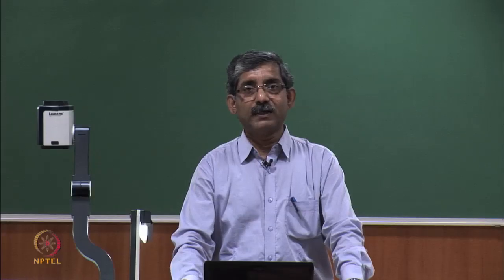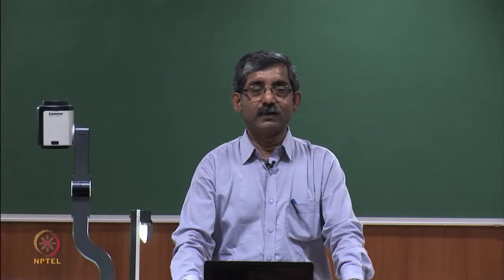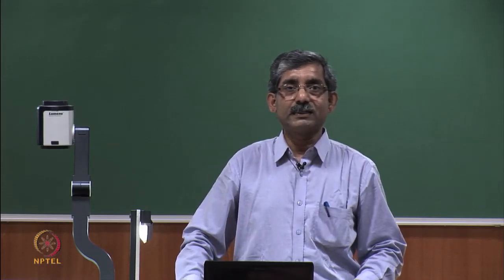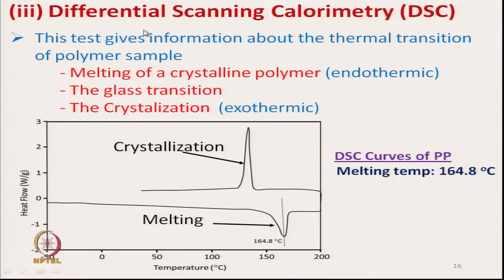The melting point is measured by the DSC method, differential scanning calorimetry. This test gives information about the thermal transition of the polymer sample. Thermal transition means that at a certain point it will absorb heat or release it.